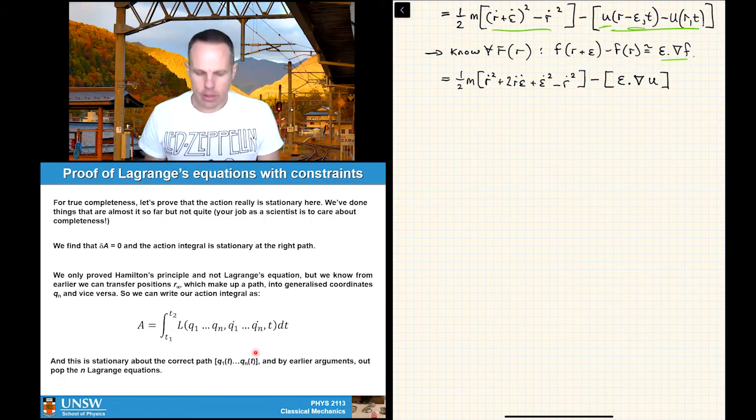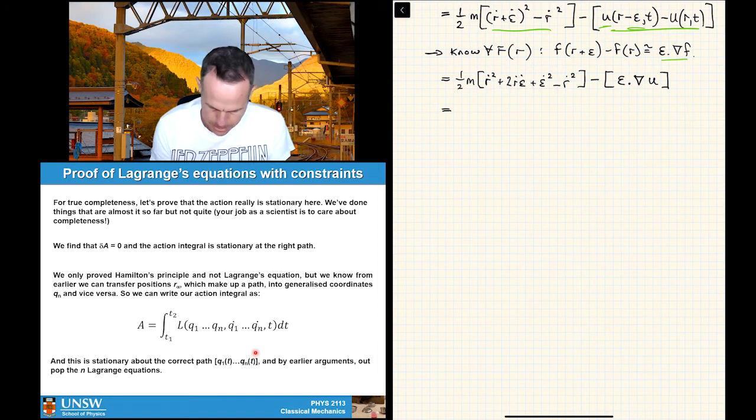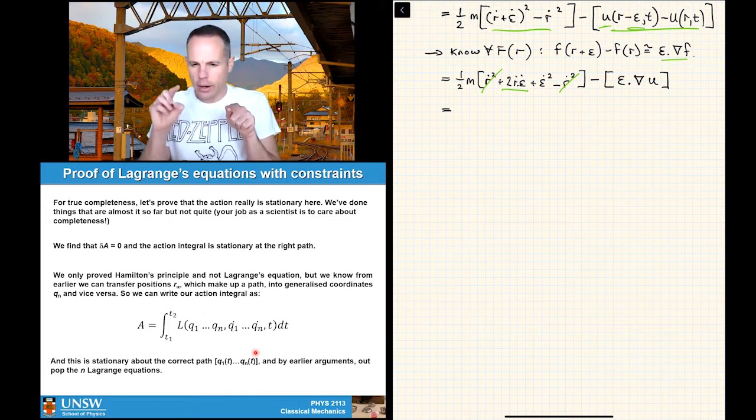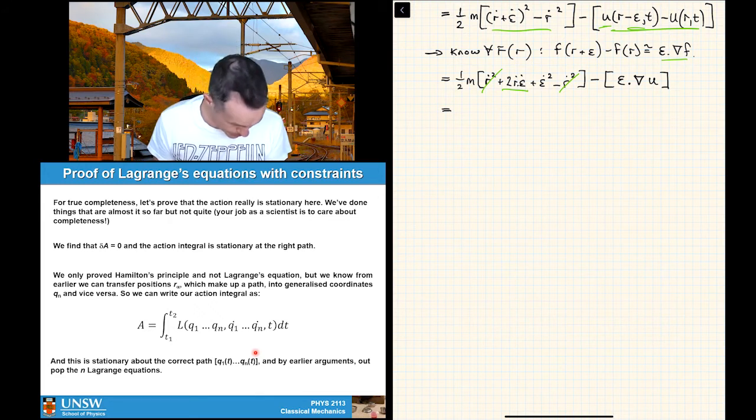Now we can write this thing as something that looks a little like this. This r dot squared will kill that r dot squared. We've got a term in here that we can see as a dot product, because r and epsilon we defined earlier as vectors. So it's actually a vector dot product.